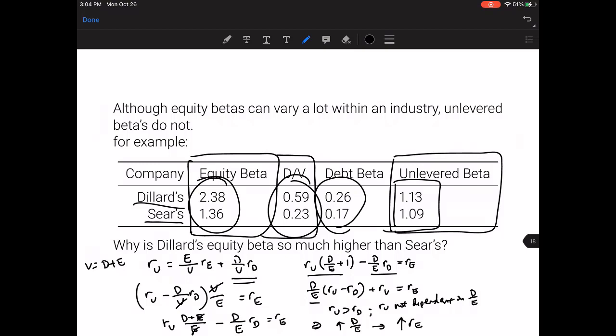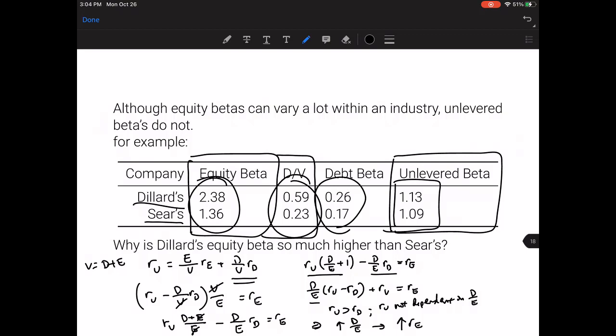Okay? So there is a mechanical relationship between the cost of equity and leverage. And so simply taking an average of the equity beta is going to be a mistake because it's driven by the choice in capital structure.